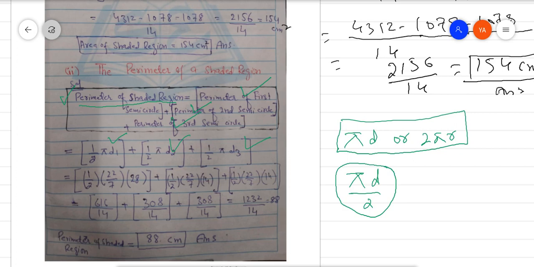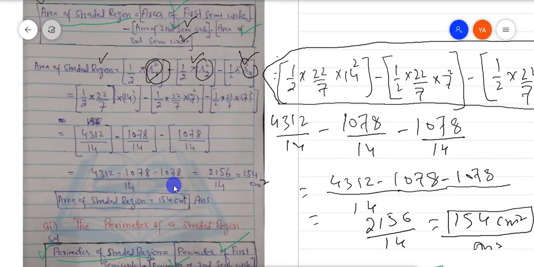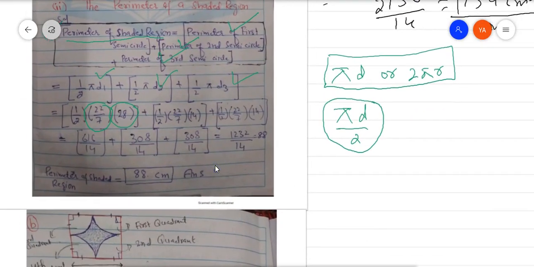So the 1 upon 2, the value of pi is 22 upon 7 and d1 is 28. So moving to our figure, this is d1, 28, d2 is 14 and d3 is again 14. So here again we put the value of pi 22 upon 7, and this is the value of d2, this is the value of pi, and this is the value of d3.